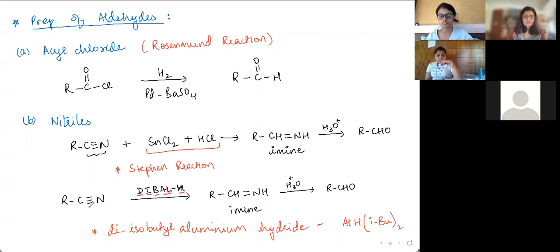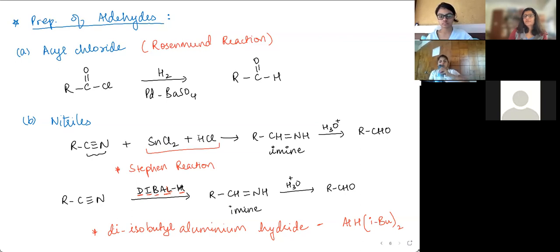Another thing, if you're using Dibal H, you can either take a nitrile or you can achieve the same thing with an ester also. Ester I'll do separately next time. Let me know when you have noted this down. All of this is purely information. Rosenmund reaction is hydrogenation. Acyl chloride, hydrogen substitutes, you get aldehyde. Stephen reaction, you use stannous chloride plus HCl.